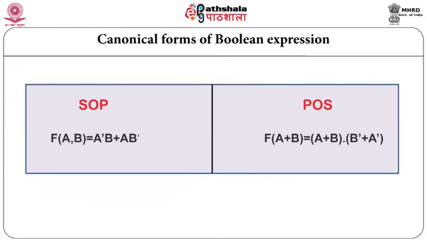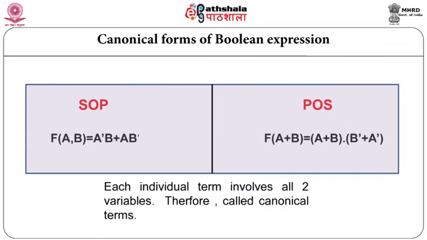Any Boolean function can be expressed as a unique sum of min terms and a unique product of max terms under a fixed variable ordering. In other words, every function has two canonical forms: canonical SOP, that is sum of products, or you may call it sum of min terms, and canonical product of sums, that is product of max terms, which are shown appropriately with a suitable example.